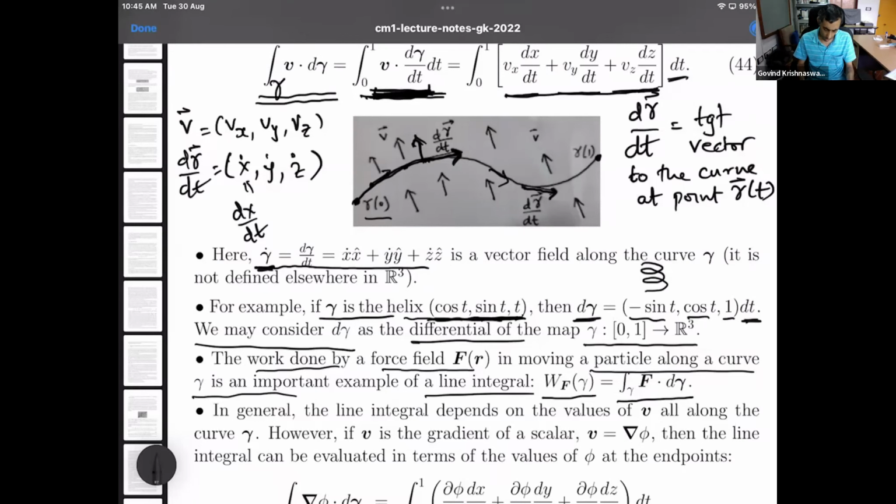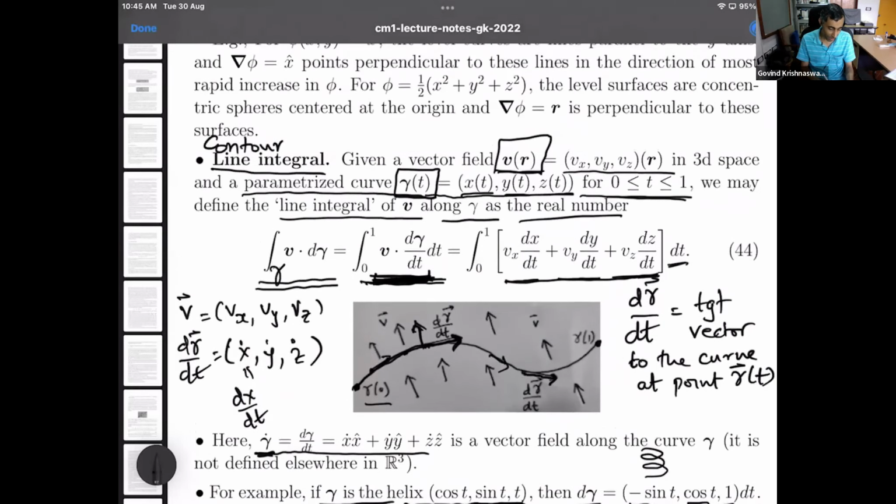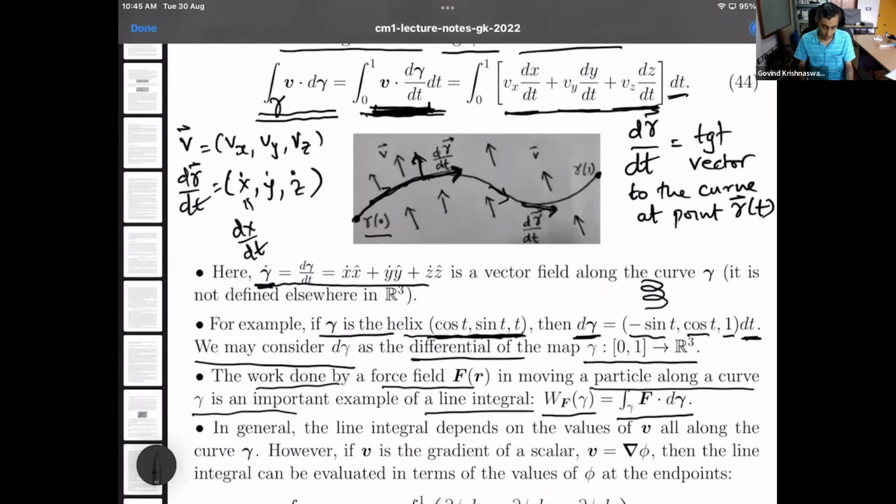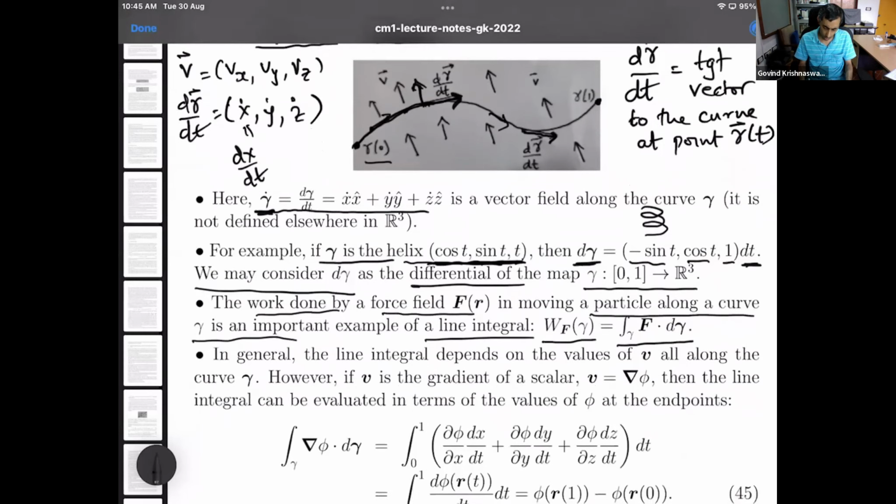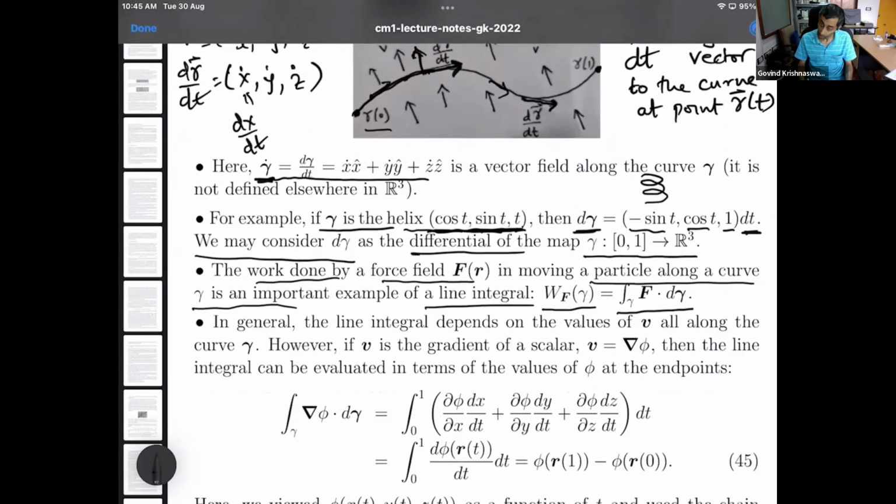That is why I use the term contour, to remind you of such things. So F need not be the gravitational force field. It could be some magnetic field, and then you would be computing some property of the magnetic field associated to this curve. So it does enter very much in magnetism, as well as in electricity. So E, the electric field, could be the F.